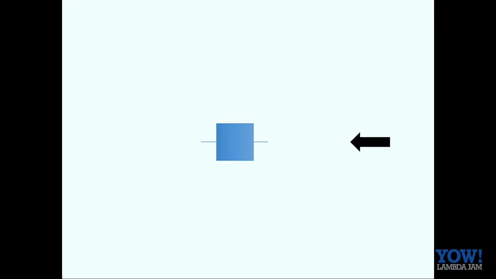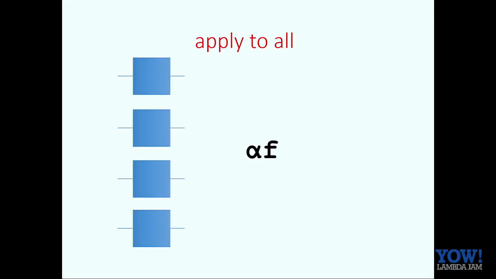So if this is a function or a program, Backus proposed combining forms for building larger programs from smaller ones, such as apply to all, which he wrote alpha. So alpha f would take a program that converted an input element to an output element and turn it into a program that would take a vector of inputs or a list of inputs and produce a vector of outputs. Nowadays, we call it map.